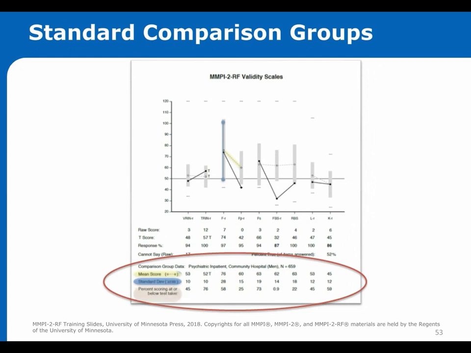The last piece of additional information that will be included is the percentage of individuals in the comparison group who scored at or below the test taker on each specific scale. This allows you to see how test takers' responses compare to the selected comparison group in numeric terms similar to, but not exactly the same as, percentiles.